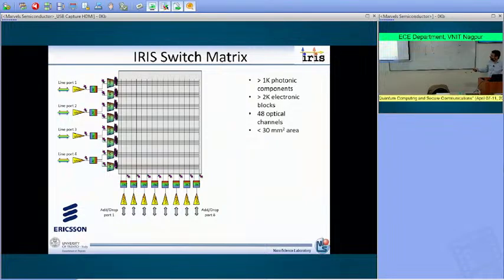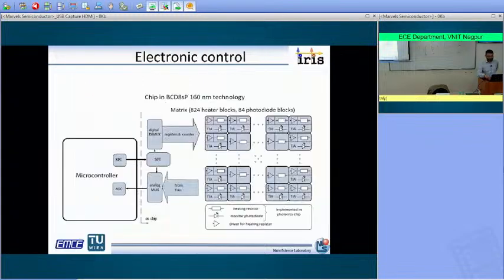And then you need to integrate an electronic block that is able to address, to inject or extract the signal from all these components. And so we also did this at the Technology University in Vienna. So we need also the design of an ASIC circuit, which was able, on one side, to collect the current from the monitor photodiode, and on the other side, provide the proper current to the heating resistor.